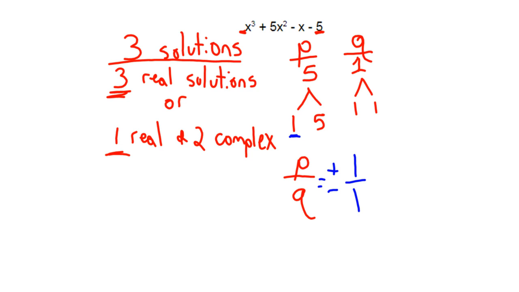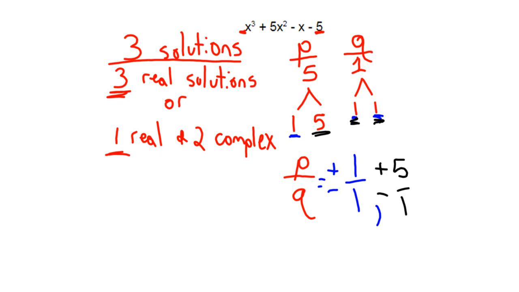If I use 1 over 1 again, I'm going to have the same answer, so I don't have to repeat that. And if I look at my 5, I'll do the same thing. I will have 5 over 1, and you'll see the same thing if I use that again. So my possible answers for my real solutions are positive 1, negative 1, positive 5, and negative 5.